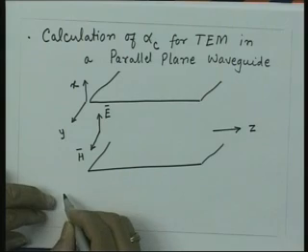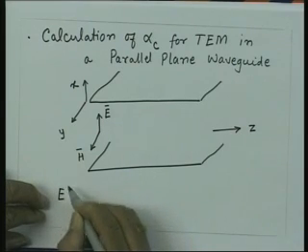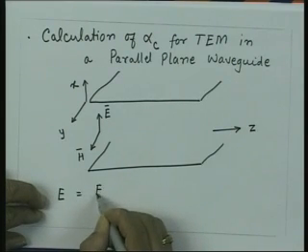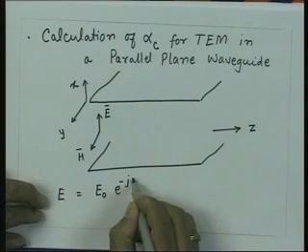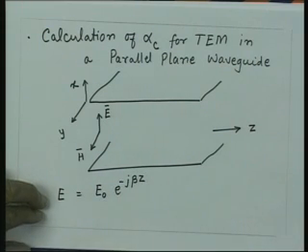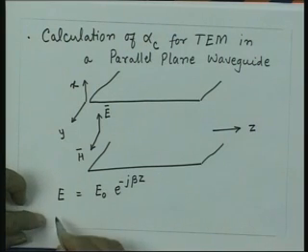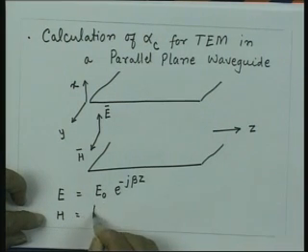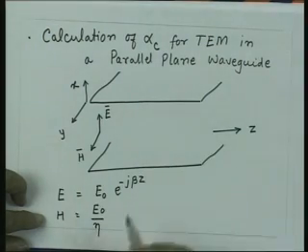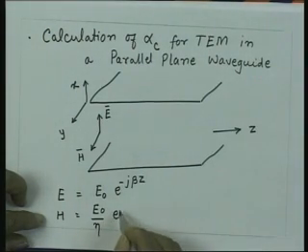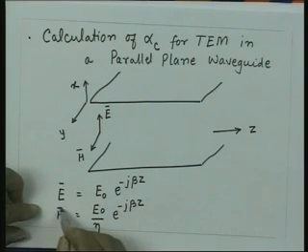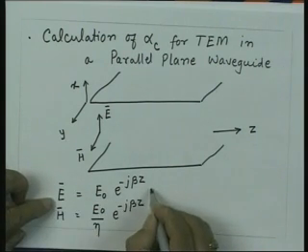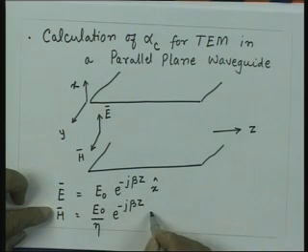So, if I express the electric field E, which is some amplitude E0, e to the power minus j beta z, then H will be equal to E0 divided by eta, where eta is the intrinsic impedance of this medium, e to the power minus j beta z. And if I put this as a vector, this will be in x direction, H will be in y direction.